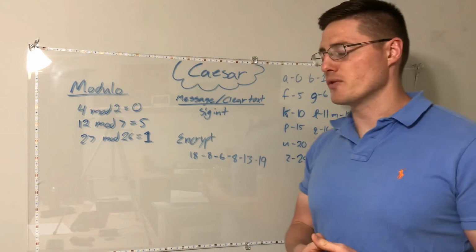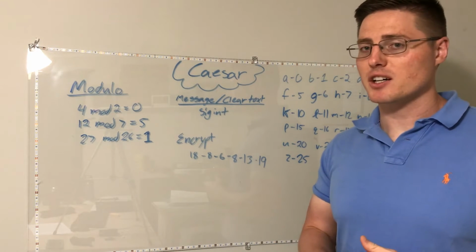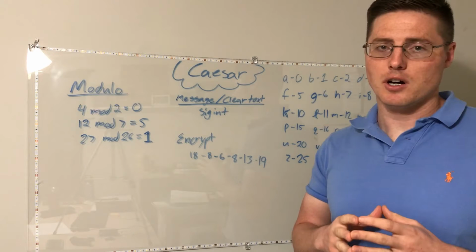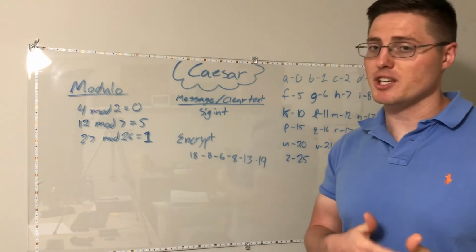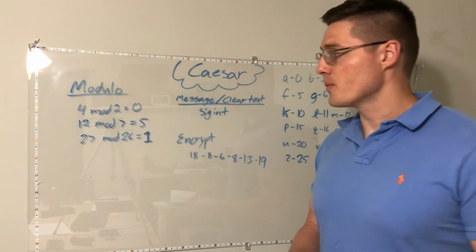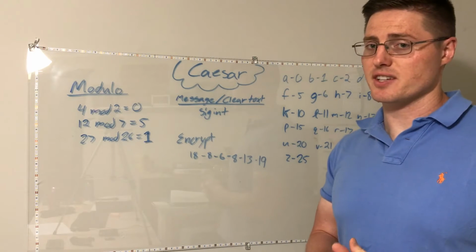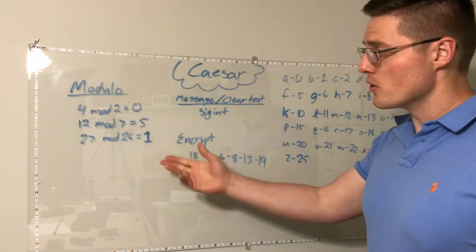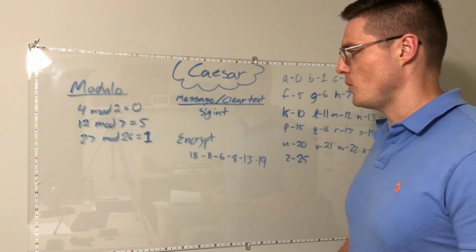So for example, if you're looking at a traditional AM PM clock going from 0 to 12, then the modulo would be 12. But in this scenario, we're going to look at a modulo of 26, since there are 26 letters in the English alphabet.